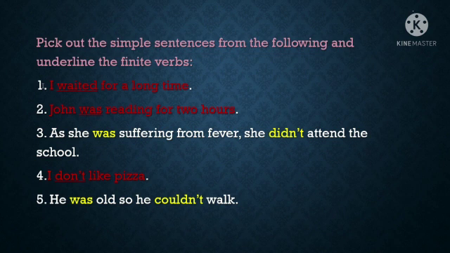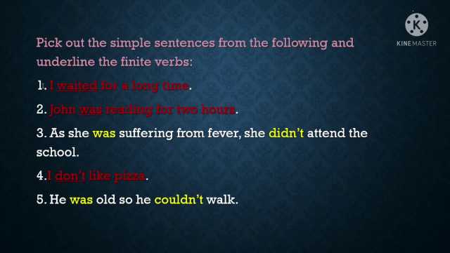See the next sentence. As she was suffering from fever, she didn't attend the school. As she was suffering from fever is a clause. She didn't attend the school is another clause. What is a clause? A clause is a group of words with a subject and verb unit, isn't it?